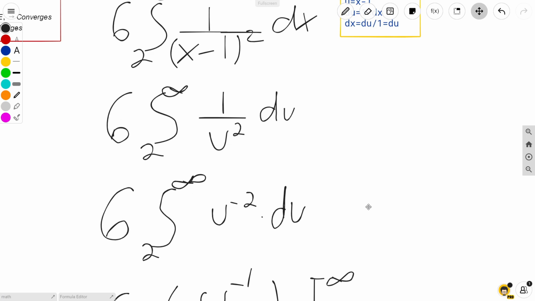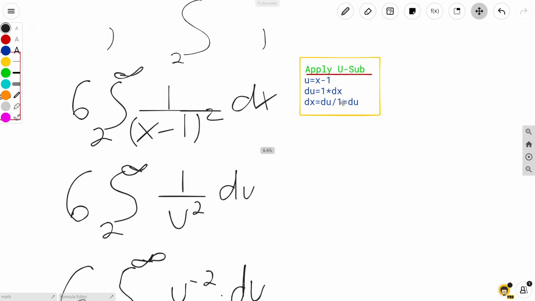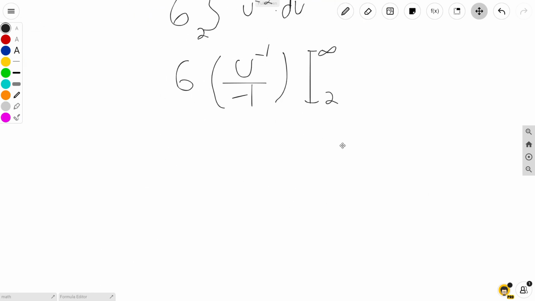Now we're simply going to plug in the u term. What was our u? Our u was x minus 1. So we're going to plug it back in. So we have the integral of 6, and then we can rewrite u to the negative 1 as negative 1 divided by u.